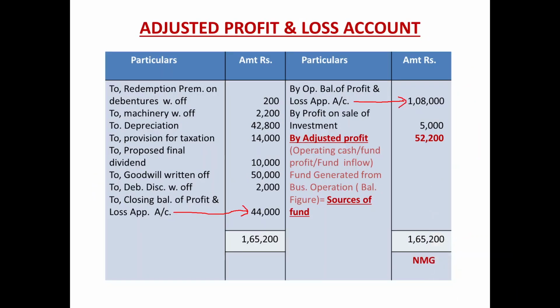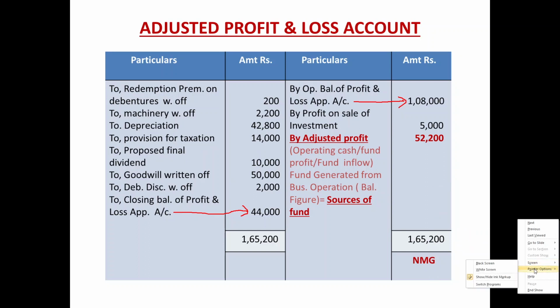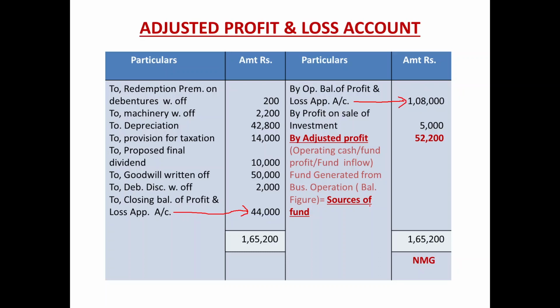So let us report it in the adjusted profit and loss account by giving the reverse impact. Reverse means whatever company has done by recording this transaction in the profit and loss account, you have to reverse it. By debiting it to the profit and loss account, company had reduced the profit of the year, but it was a non-cash and a non-operating transaction.